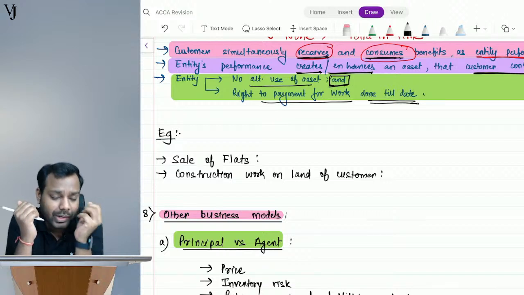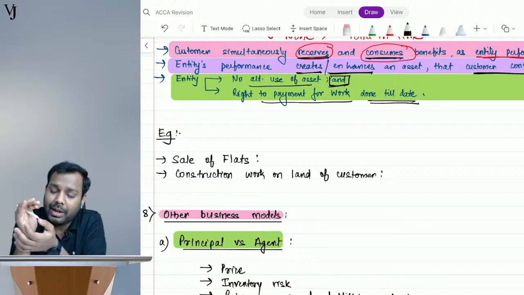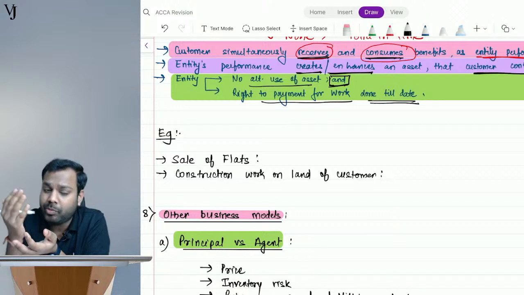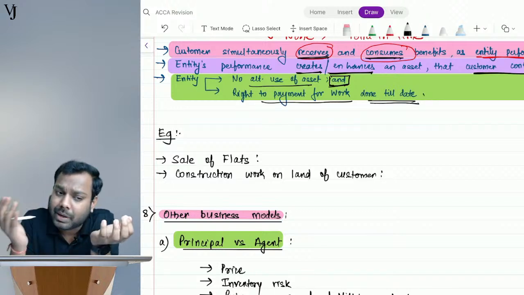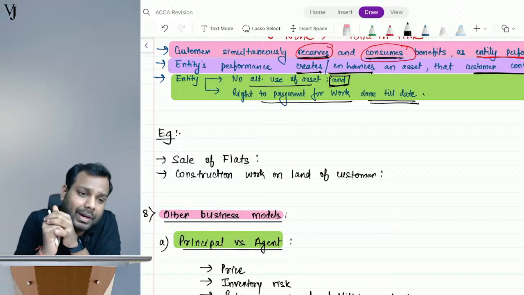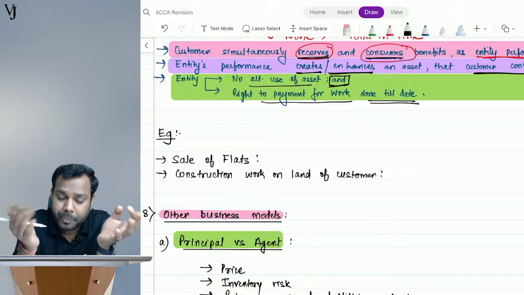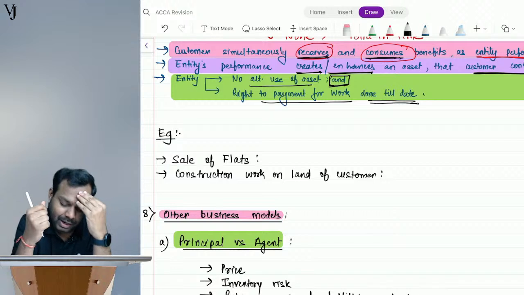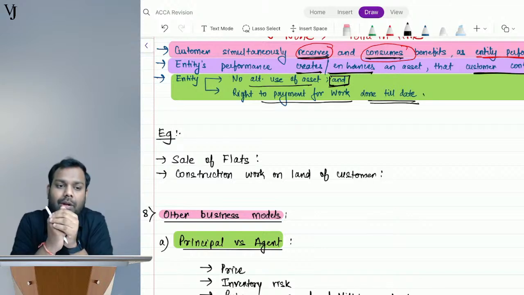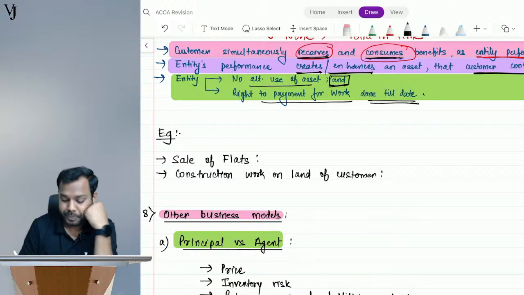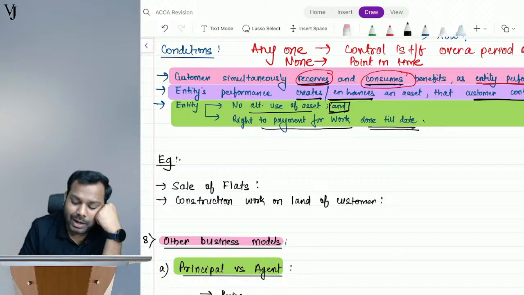As and when you as a constructor are performing, can the end customer receive and consume the benefits? No. Is it the asset that the customer controls? No. Now tell me, can the entity use the asset in any manner possible till the time it is not handed over to the customer? Yes, right?